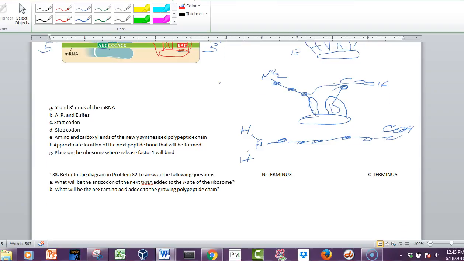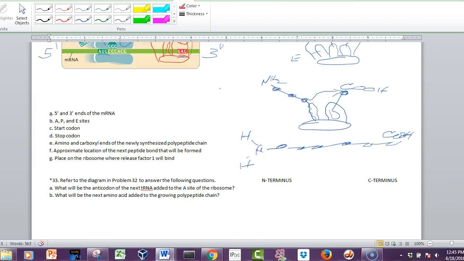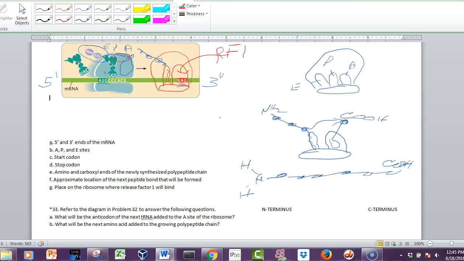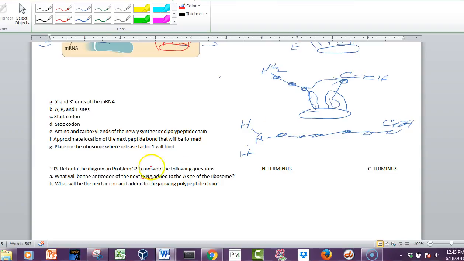What will be the anticodon of the next tRNA added to the A site of the ribosome? The next codon is ACG, and so we'll type that one.